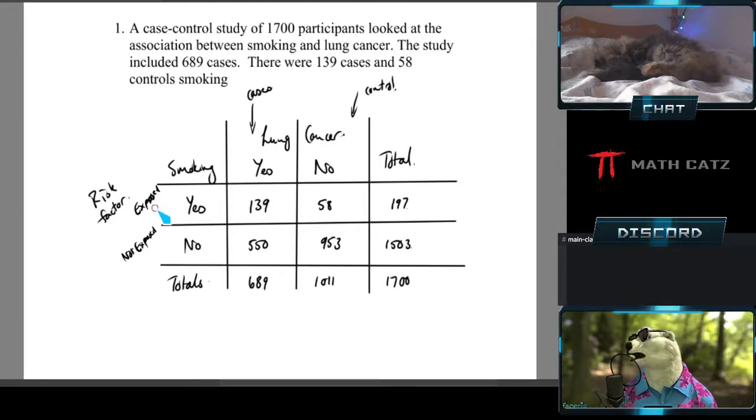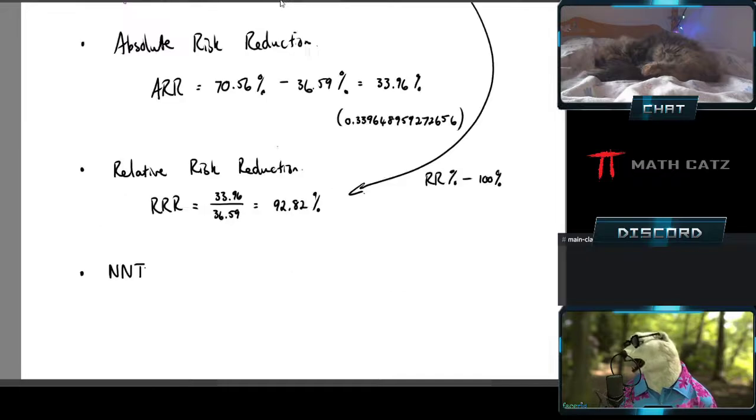If they were quote unquote treated and not exposed to the risk factor, that outcome of lung cancer could have been avoided. So the calculation is therefore based on the absolute risk reduction, which in our case is 33.96%. That's the percentage of the population on top of baseline, let's call it.